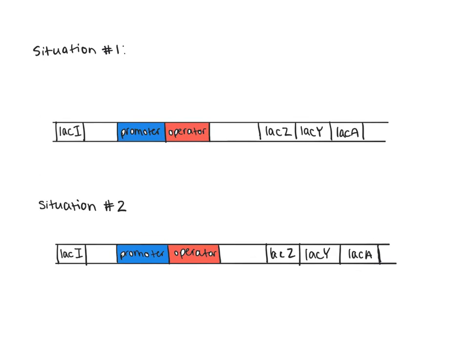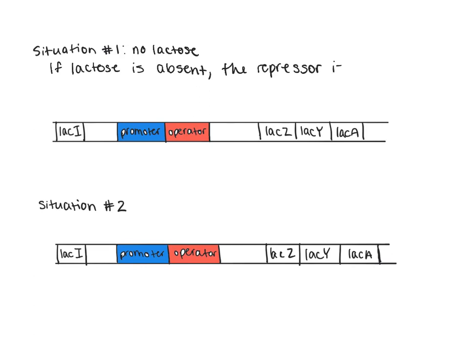So now we're going to look at a few different situations that can happen inside the cell of E. coli and how that affects whether or not these 3 Lac genes of the Lac Operon are being expressed. So we'll say situation 1 is no lactose.